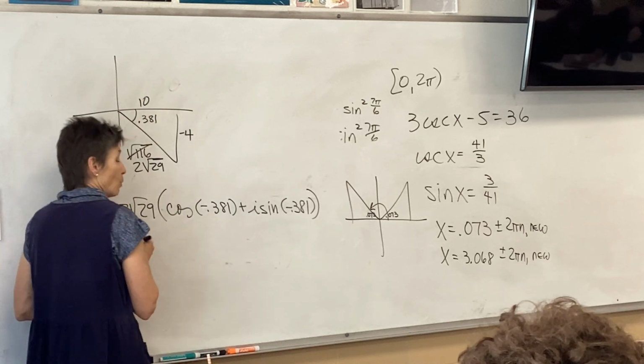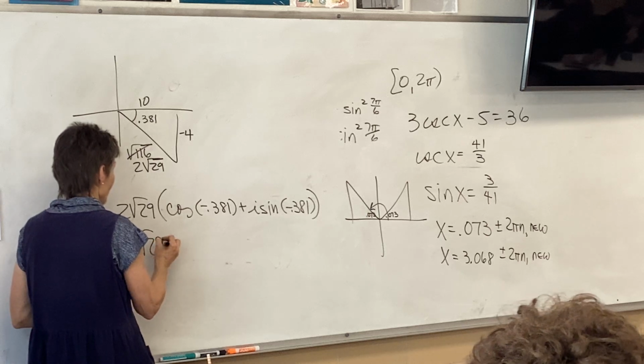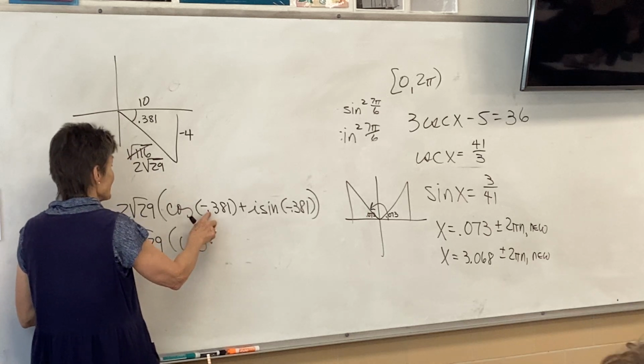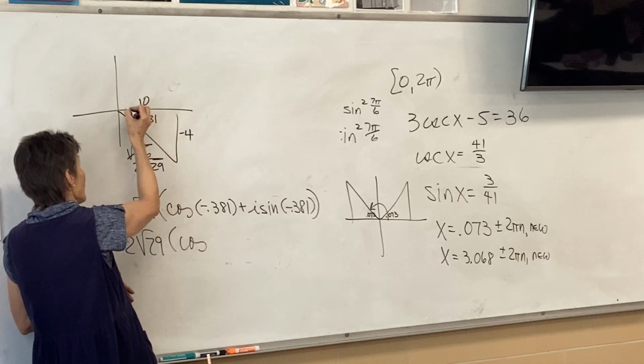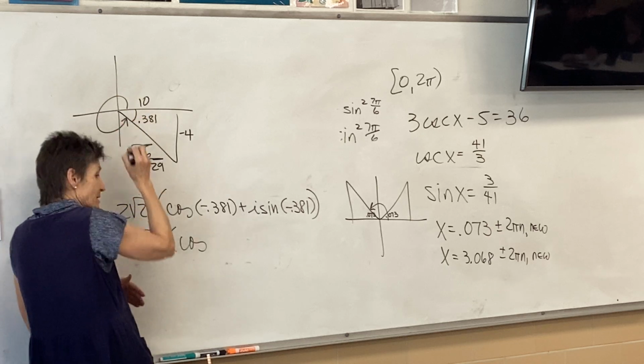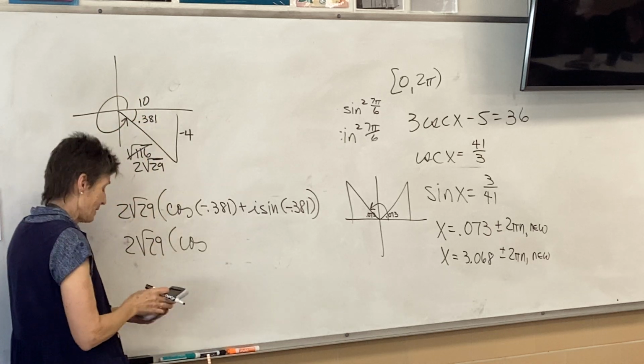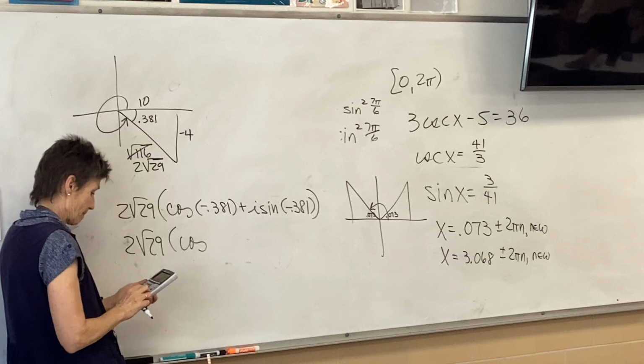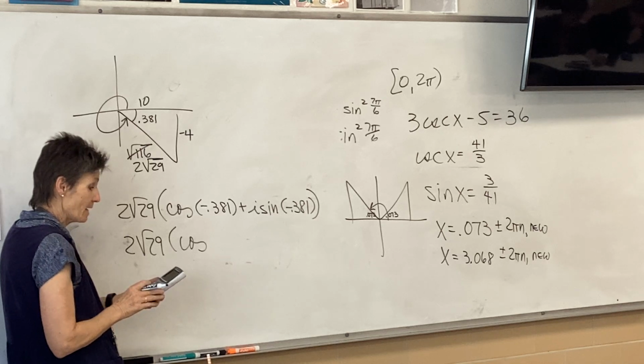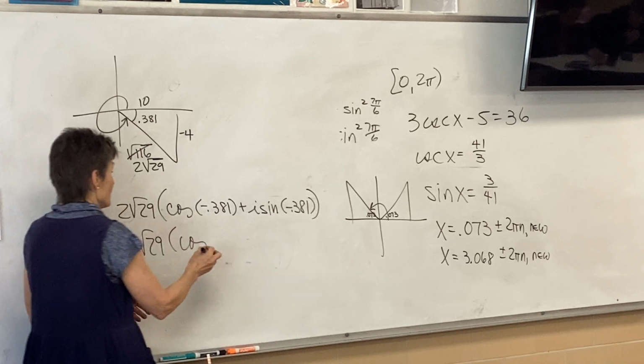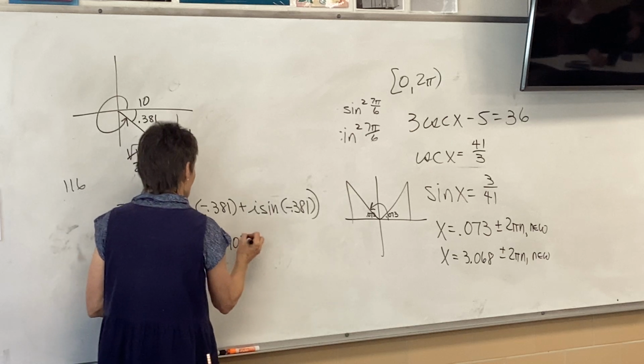What would be another one? What would be another possible answer? Instead of doing negative 0.381, we could find the positive angle, and what would that be? 5.903? So that would be another one.